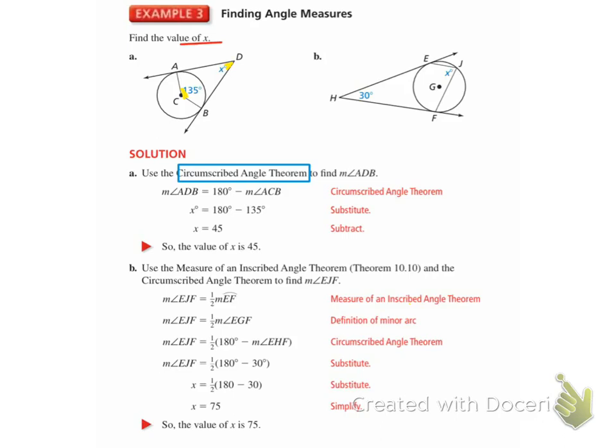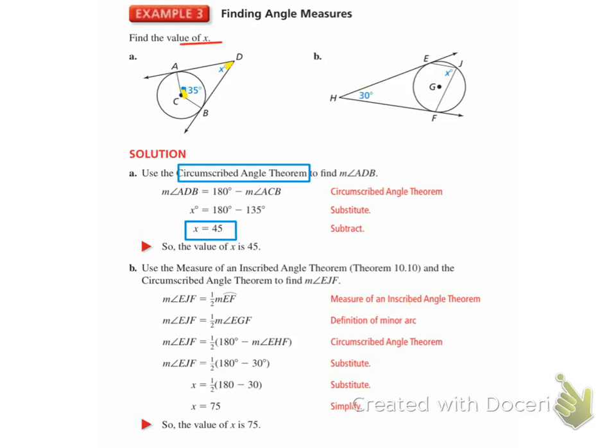So x plus 135 is 180, or x is 180 minus 135. So x is 45 degrees, because that's this angle.